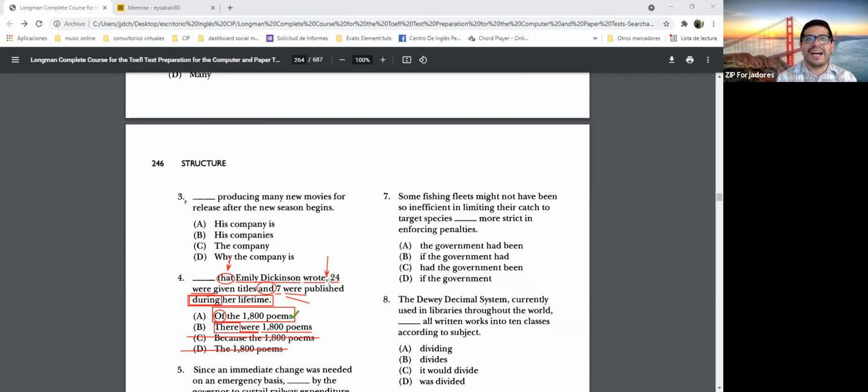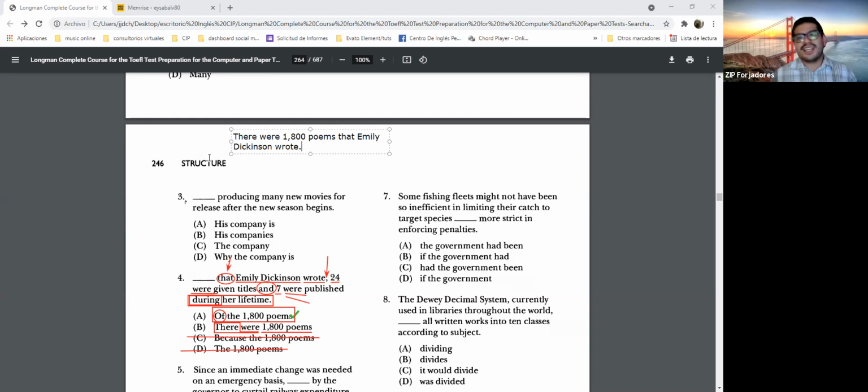If I had a period, so if I have this sentence, "There were 1,800 poems that Emily Dickinson wrote," period, that would be a correct sentence, because we have a connector, two subjects, and two verbs.